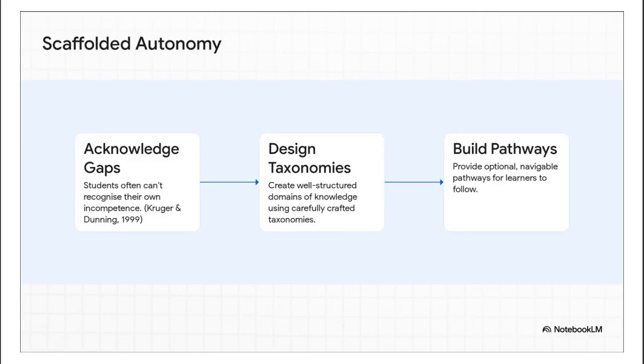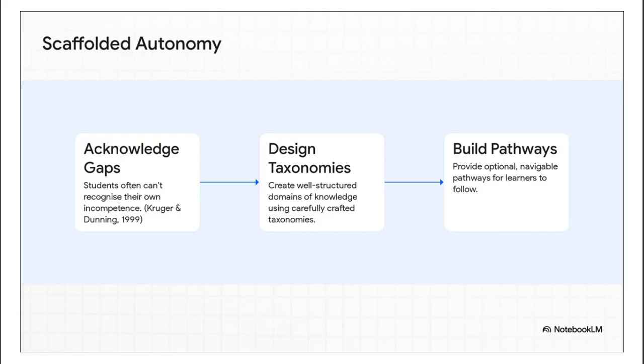Dr. Atkinson's solution is a really smart concept he calls scaffolded autonomy. So, step 1 is just acknowledging the reality of the Dunning-Kruger effect, that our students often can't see the gaps in their own knowledge. So, to counter that, we, as designers, create really clear taxonomies, maps of the subject area, and then we use that structure to build optional navigable pathways.